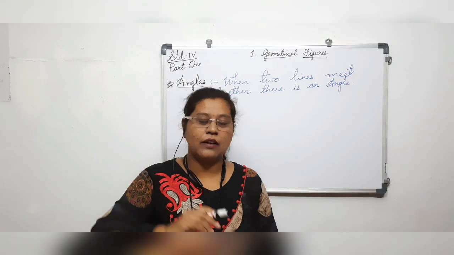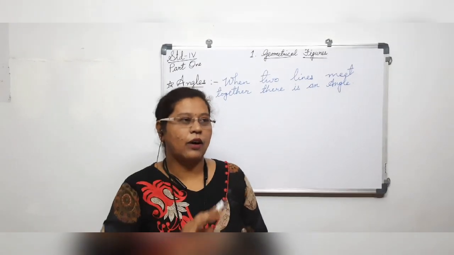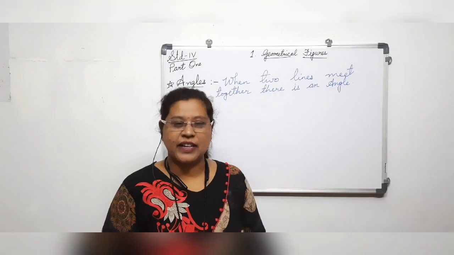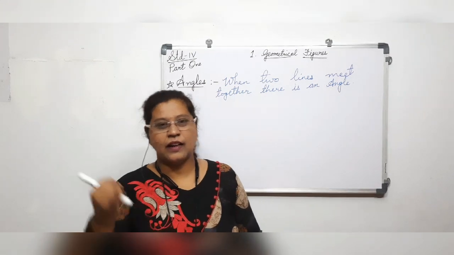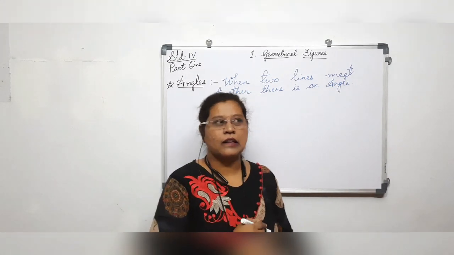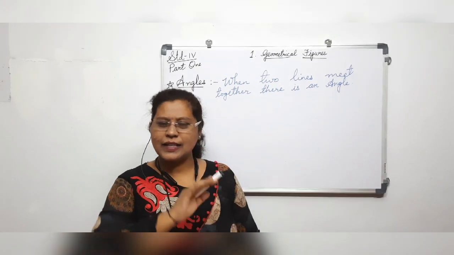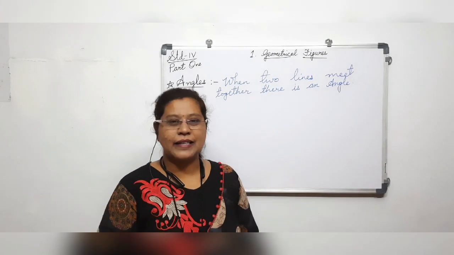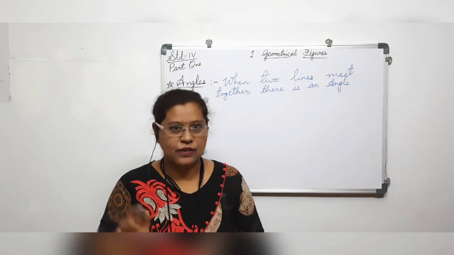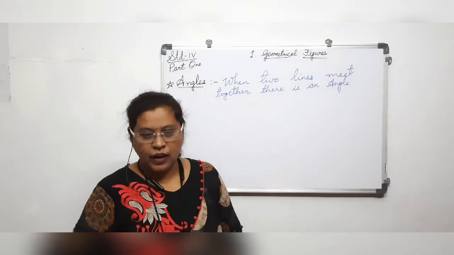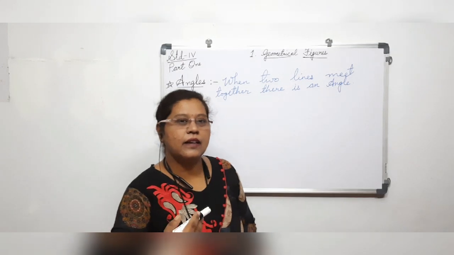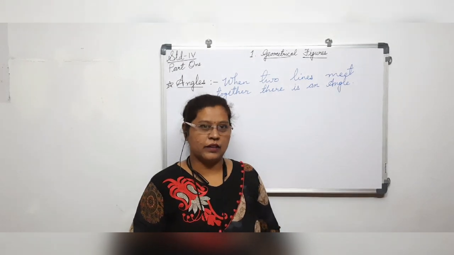So you must have learned all the basic geometrical figures, like circle, triangle, rectangle, square. These are the very basic geometrical figures you have learned. But when you are in the 4th standard, you have to learn a little further.